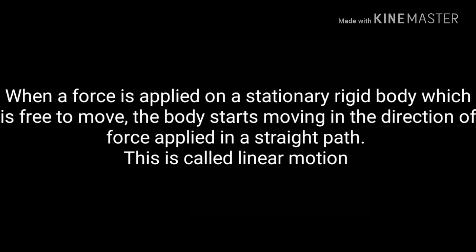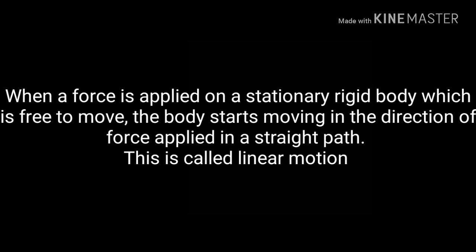When a force is applied on a stationary rigid body which is not pivoted at a point, it is free to move, and the body starts moving in a straight path in the direction of the force. That means it is one-dimensional motion.